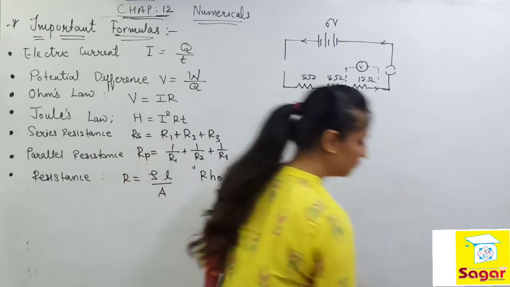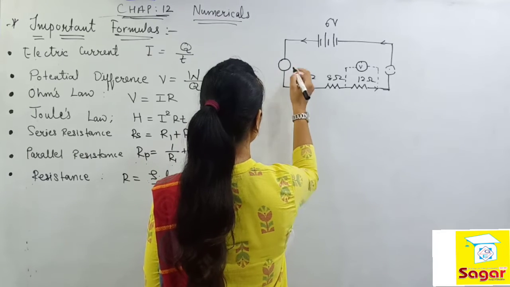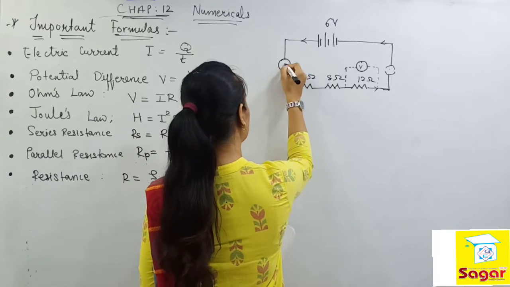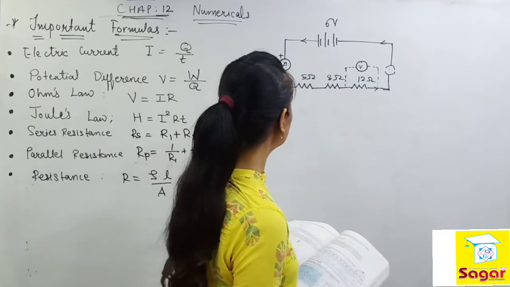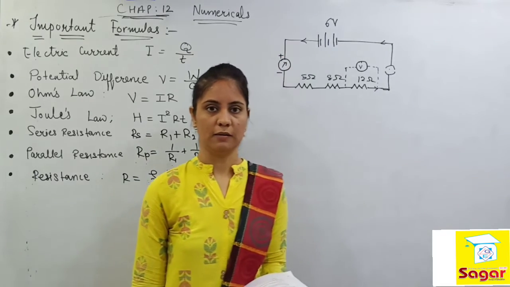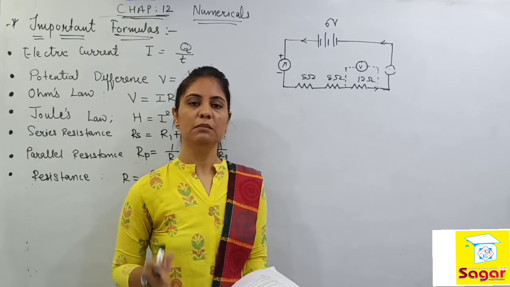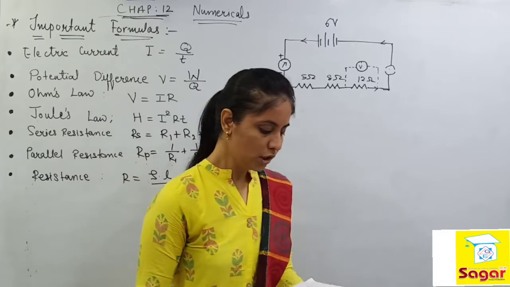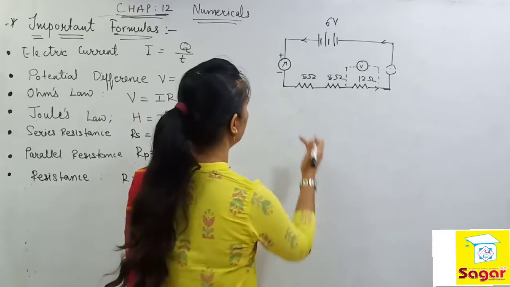An ammeter, a device used to identify the current, we normally place into the circuit in a series connection, and a voltmeter we always need to connect in a parallel way. According to that they are asking us to identify the value of current and voltage.